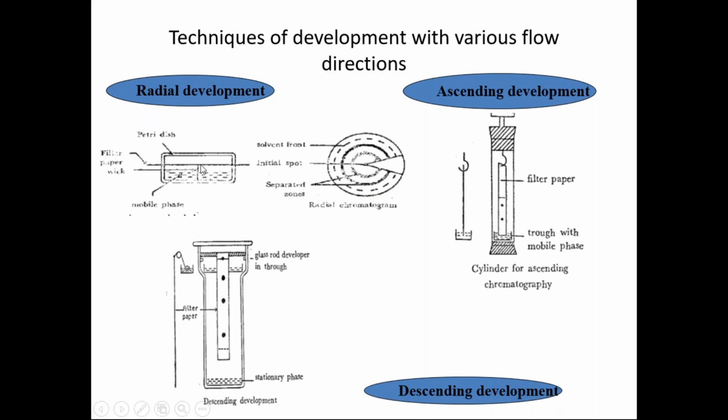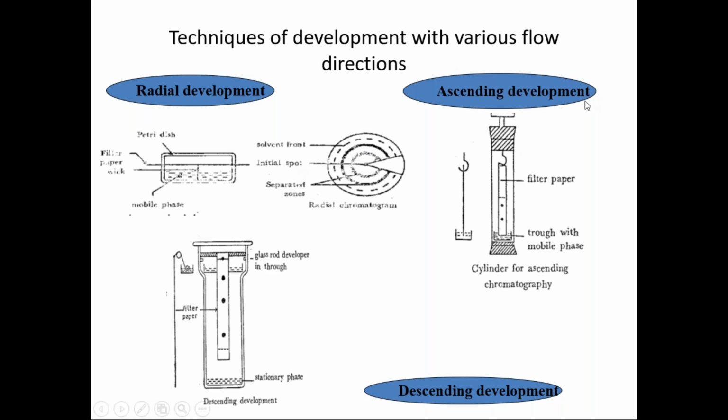So through capillary action, solvent flows up, and the mixture of the analytes is spotted in the center, and as the solvent moves, it will move from the center. So the solvent front starts moving and the analytes get separated. So this is known as radial chromatography.